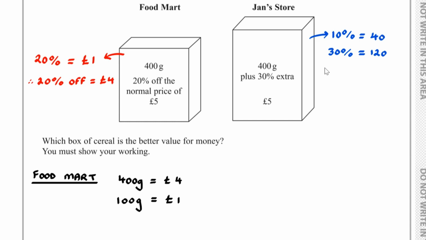So if we have 30% extra, that means 130% is equal to 400 plus 120, which is 520.